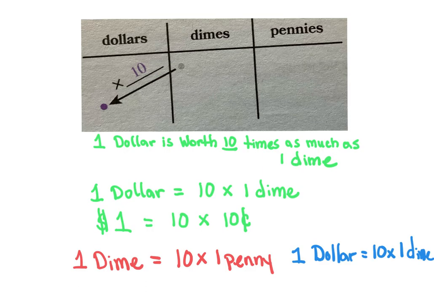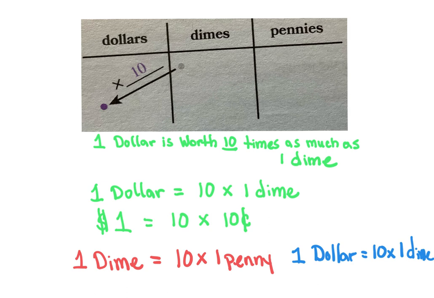All right, so we have the pennies, dimes, and dollars, the place value chart. And we know that $1 is worth 10 times as much as 1 dime. So $1 is equal to 10 times 1 dime, or we could say $1 is equal to 10 times 10 cents, because 10 cents is how much 1 dime is. 1 dime is equal to 10 times 1 penny, and $1 is equal to 10 times 1 dime.